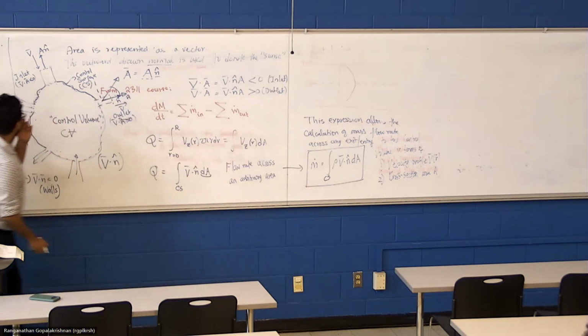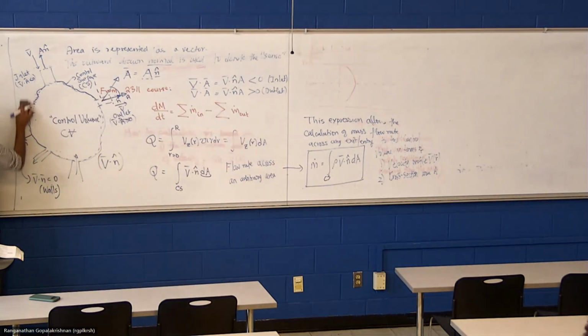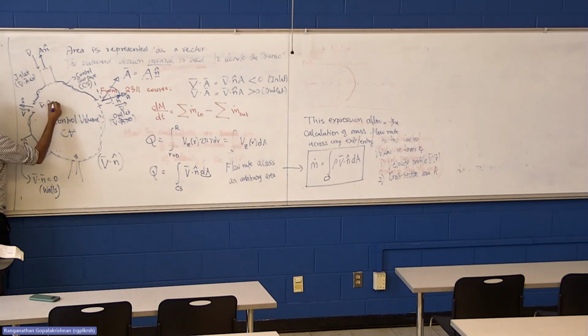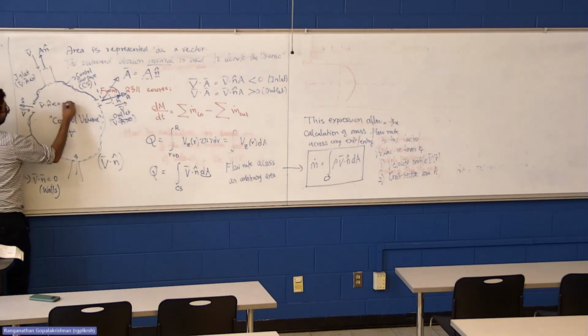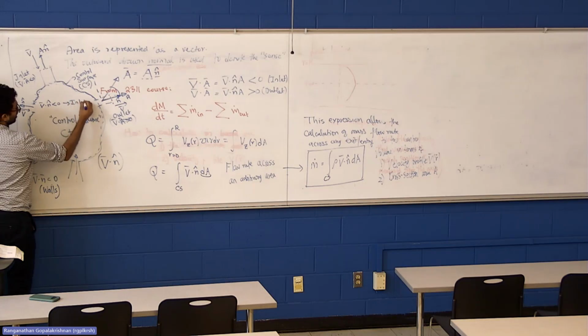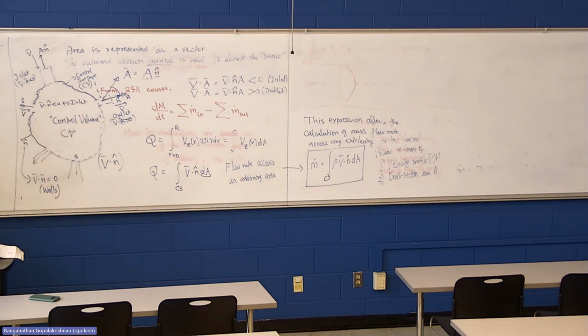Let's say it's an inlet. You have n cap pointing this way and velocity pointing this way, so you would have V dot n negative, which means it's an inlet. If it's an inlet, V dot n must be negative by convention.